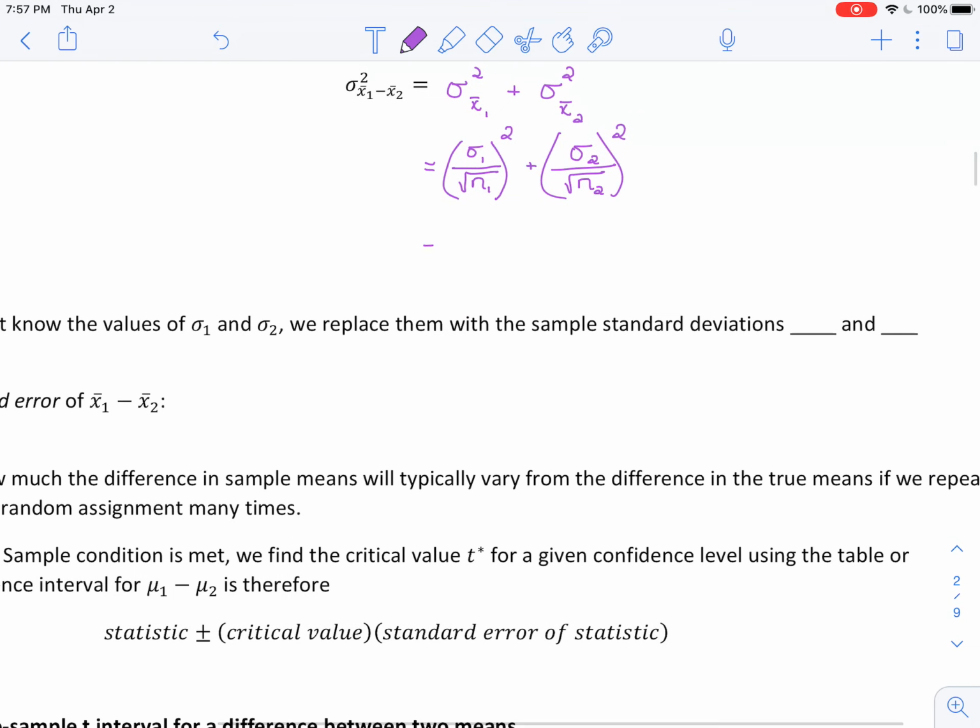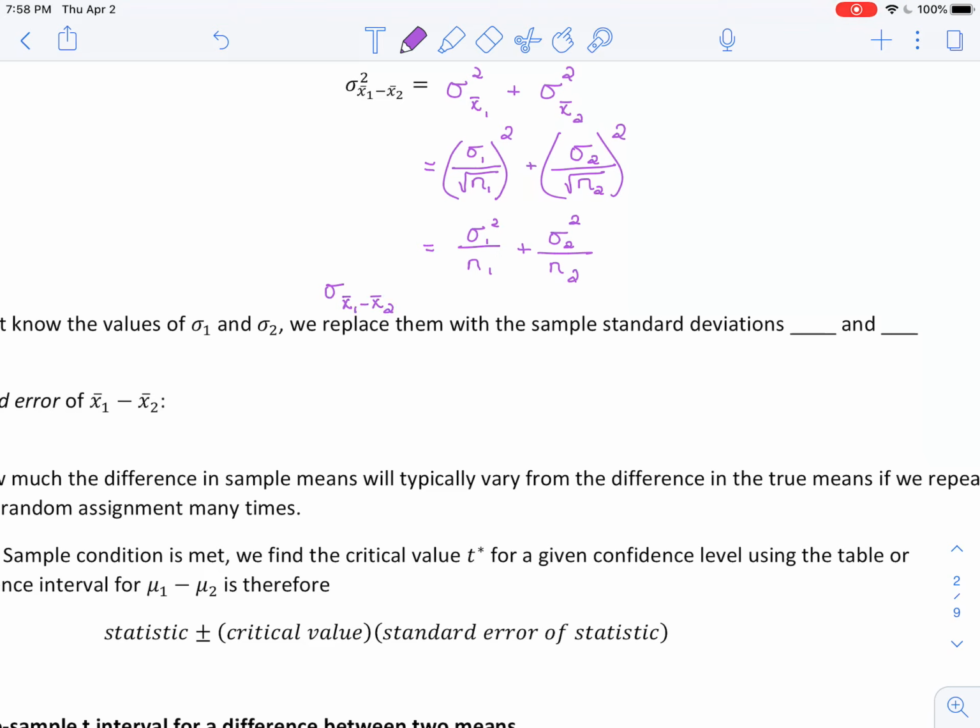So I'm going to go ahead and square both parts of my fractions here. So I'll have sigma sub 1 squared over n sub 1, plus sigma sub 2 squared over the sample size of my second group. Again, that's for the variance.